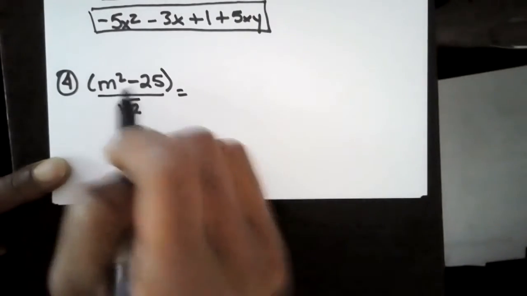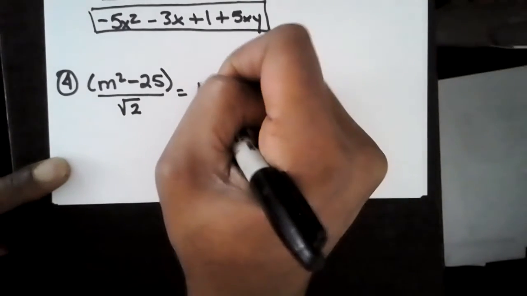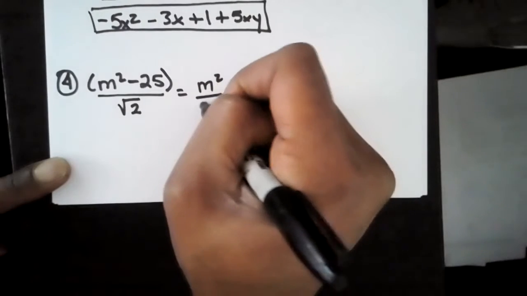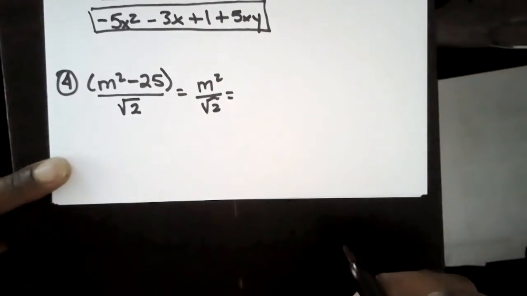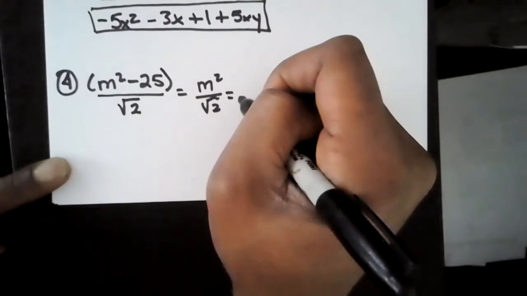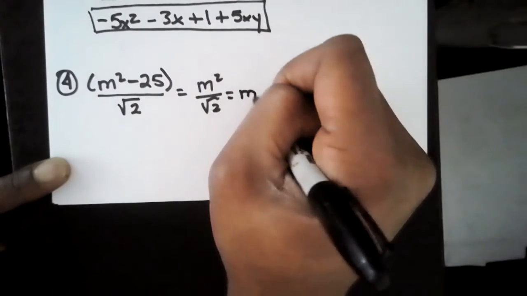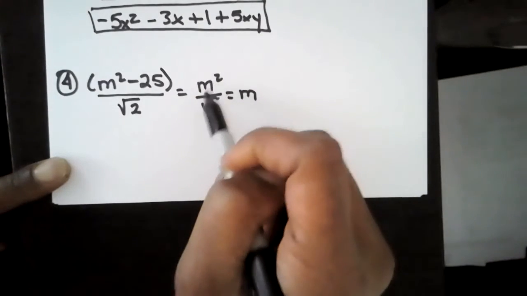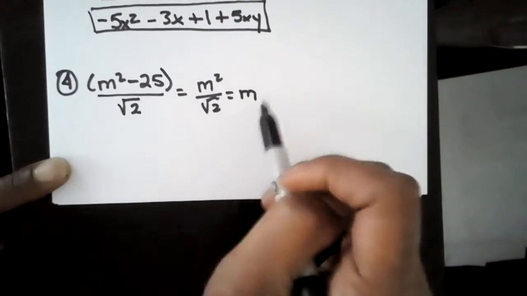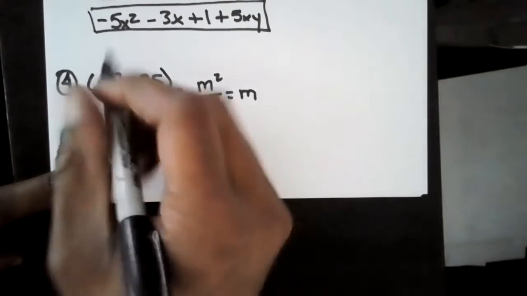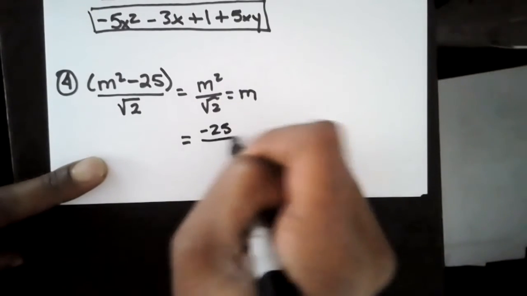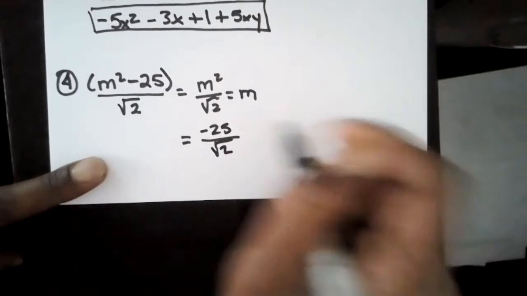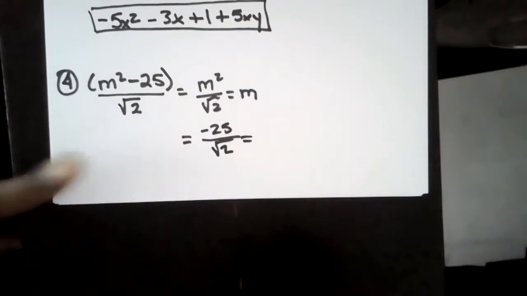What's the square root of m squared? It will be equal to m. So you have m squared here, you take the square root of m, it will leave you with m, right? Now we're working with the 25. Negative 25 divided by the square root of 2 is going to give you what?